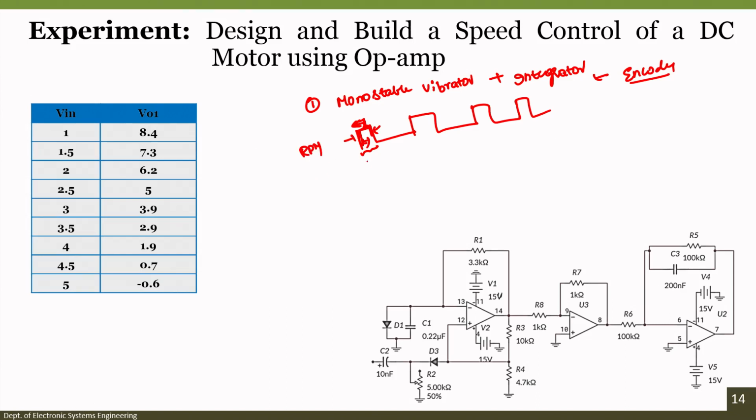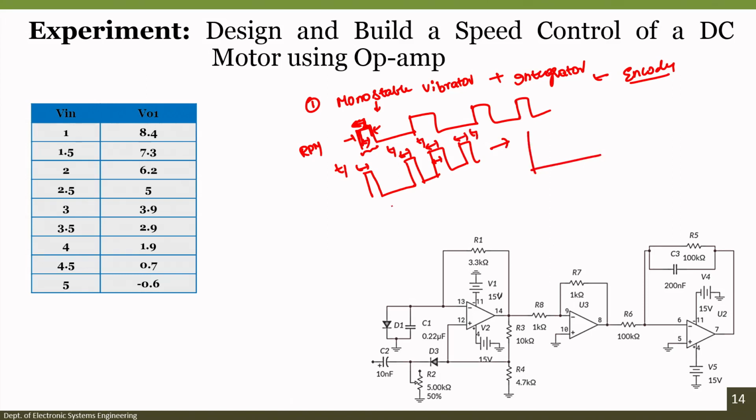But if, by using a monostable multivibrator, I maintain a fixed duty cycle or fixed on-time pulse, then whenever the RPM increases the number of such pulses is also higher, but the pulse width always remains constant. Integrating over a period of time then gives the average output voltage.